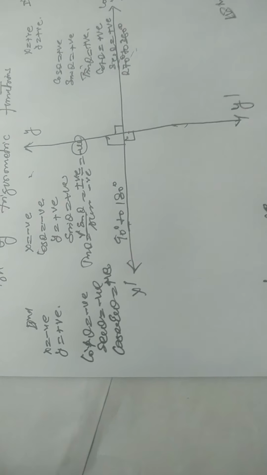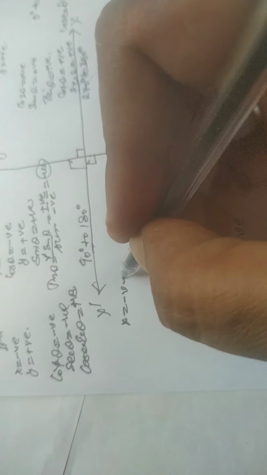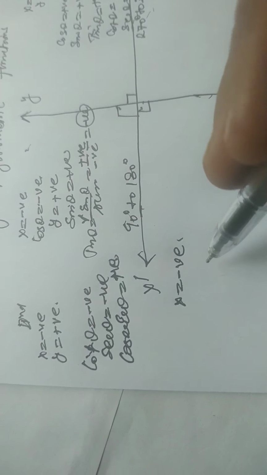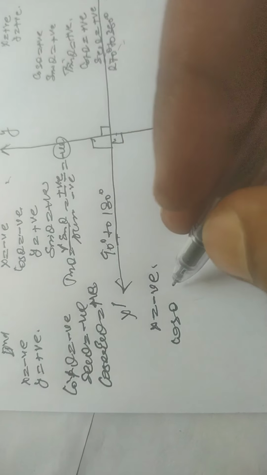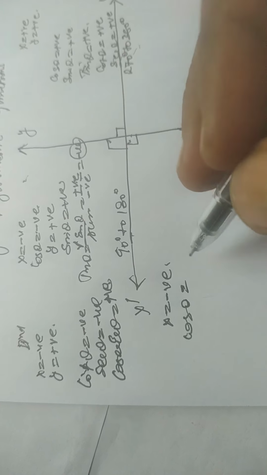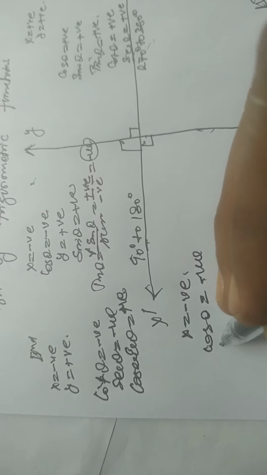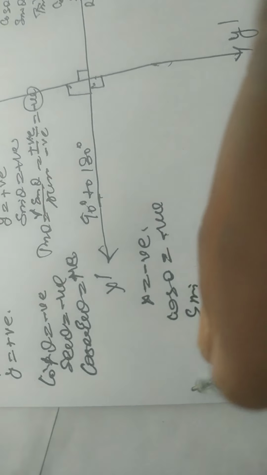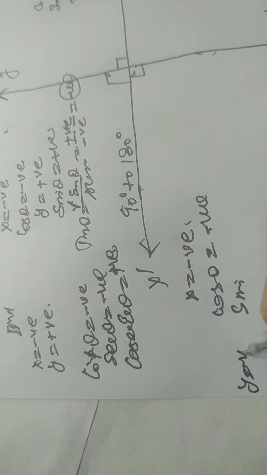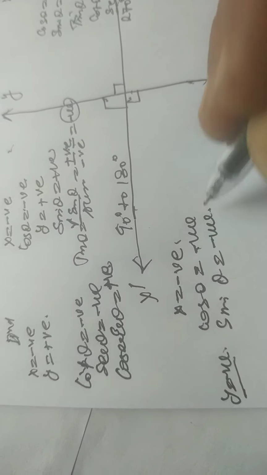Now look at the third quadrant. Here x is negative, that means cos theta is negative. I am not writing the r each time because r is positive. And y is negative, then sin theta is negative.